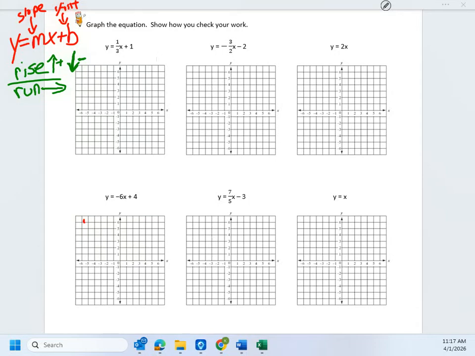Uh-oh, I don't see a plus b. But I thought we were using y equals mx plus b. Why is there no plus b on there? I need the b. What invisible math do you think is there?